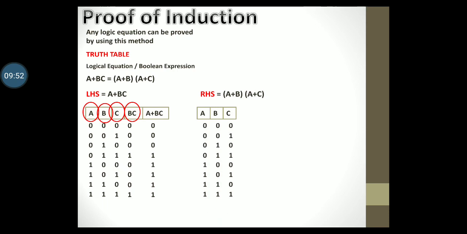In the same way, let us do the same thing for the RHS, which is equal to A plus B dot A plus C. Again notice that the RHS contains 3 variables A, B and C. We put in the bit representations for 3 variables.